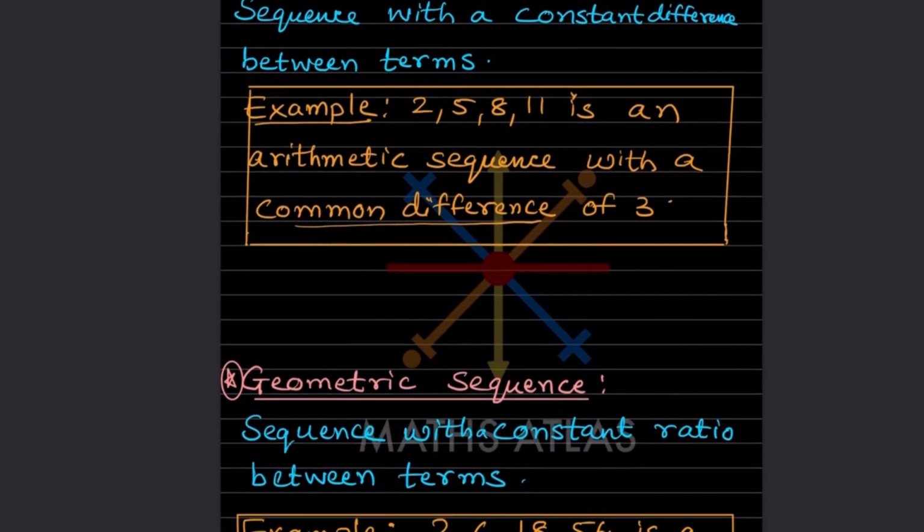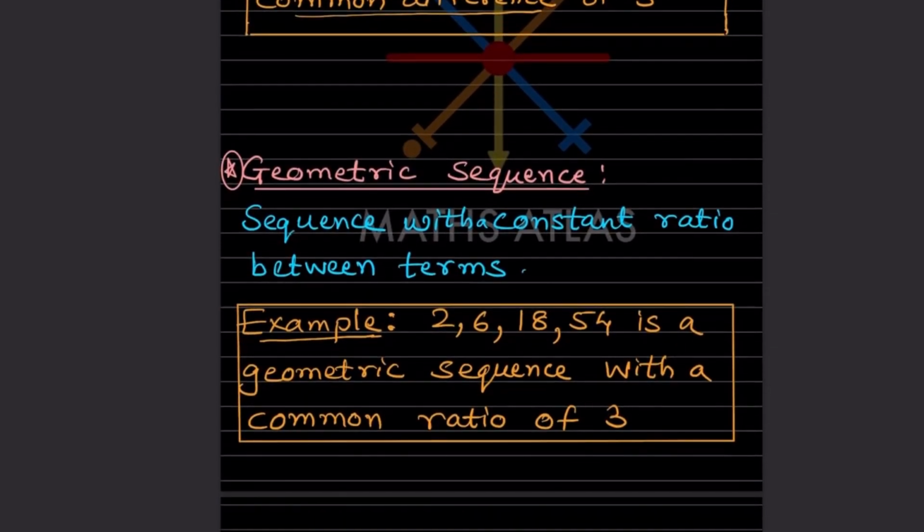Then there is one more term called the geometric sequence. It is a sequence with a constant ratio. Difference means we subtract, but ratio means, for example, when I write 3:5, that can also be written as 5/3. We see what the ratio is. Taking the first two numbers, 6 divided by 2 is 3.